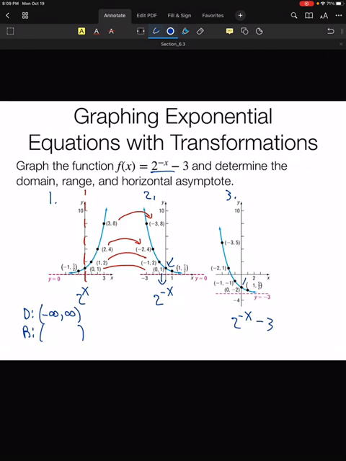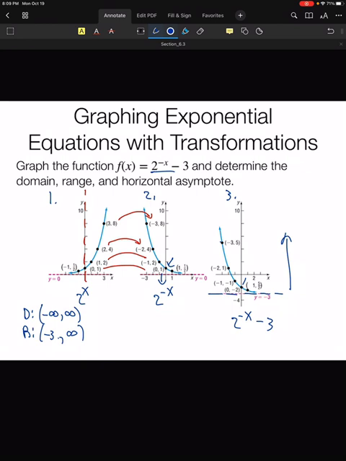If you look at graph number 3, the graph looks to be going down towards the line right here, y equals negative 3. In fact, it'll get really, really close, and it'll almost touch it, but it'll actually never touch that line. It'll only get arbitrarily close. And so the range is negative 3 to infinity. It goes as low as negative 3 and then all the way up to infinity.